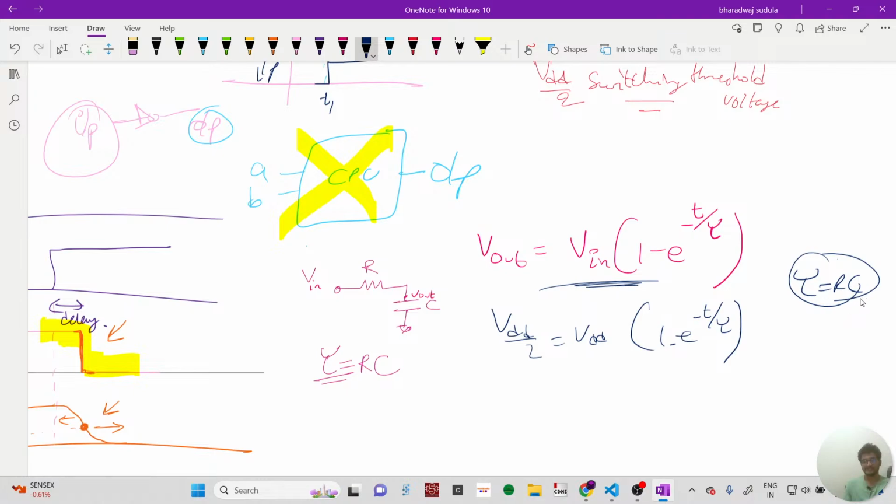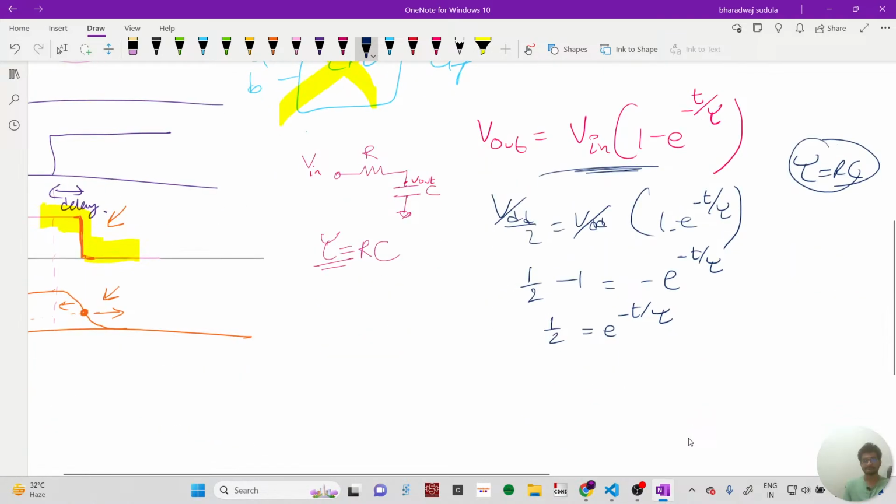It depends on the transistor, because we are talking about CMOS. VDD gets cancelled, so I have 1 by 2 minus 1 minus e power minus t by tau, so this is minus 1 by 2, and minus minus cancels, giving e power minus t by tau.